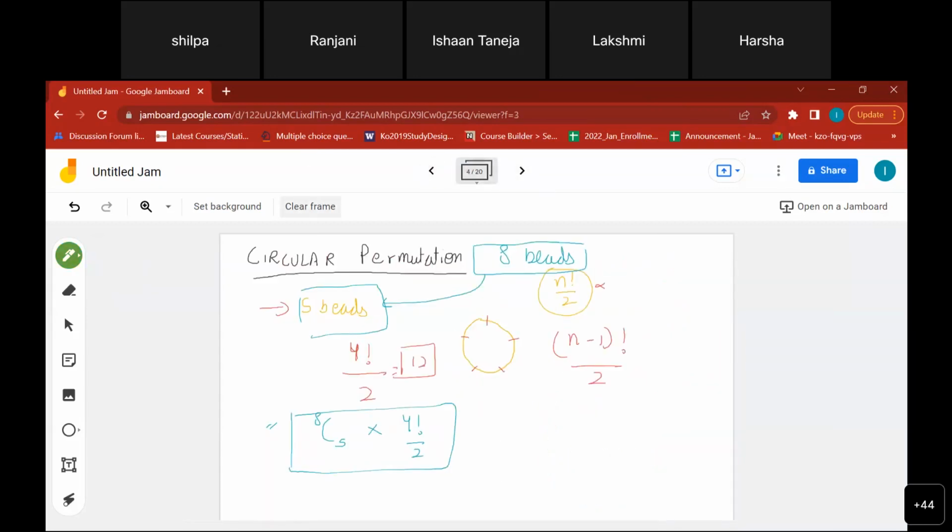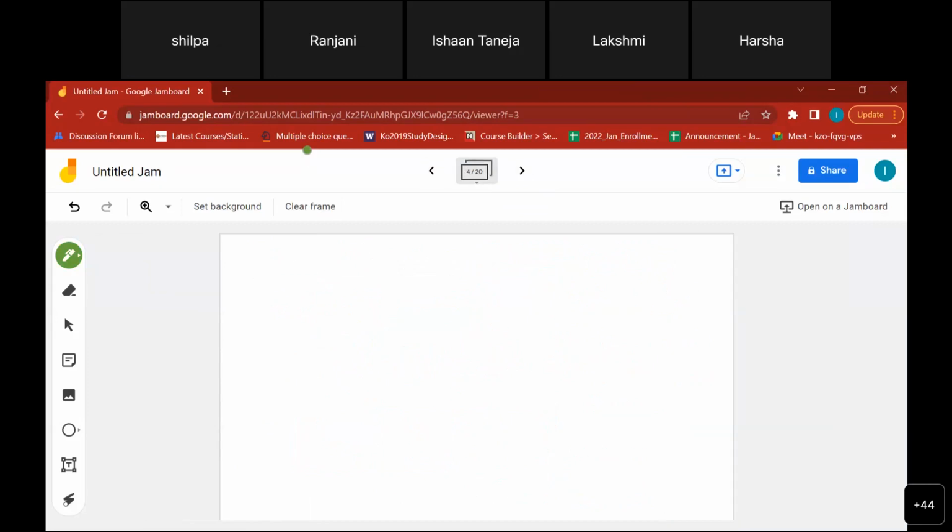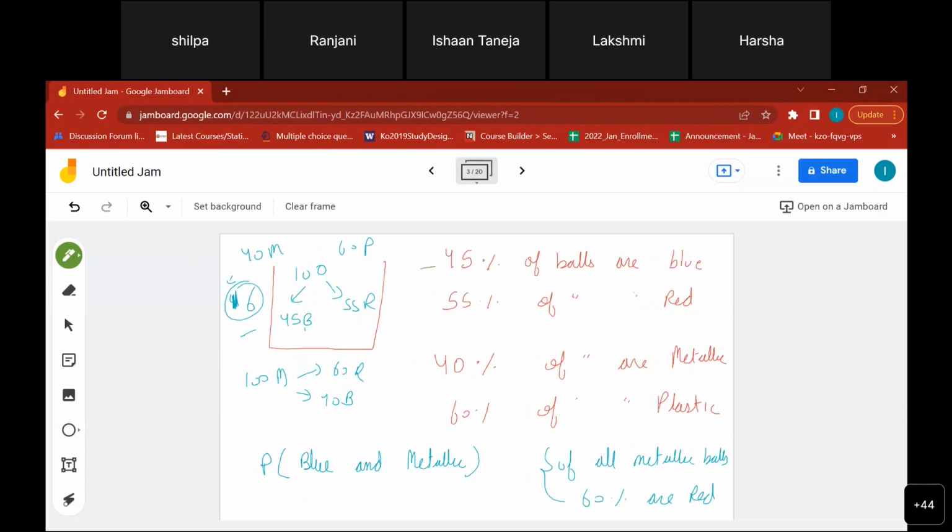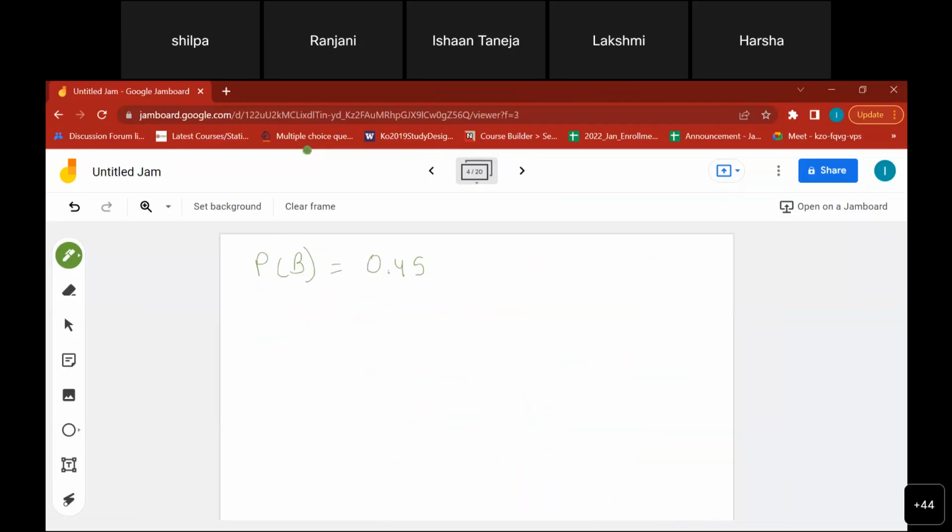See, in general, let's say the probability of drawing a blue ball is 0.45, because 45% of balls are blue, right?